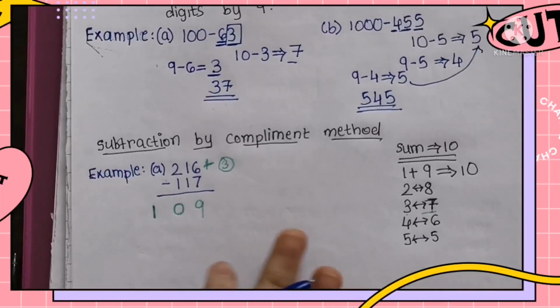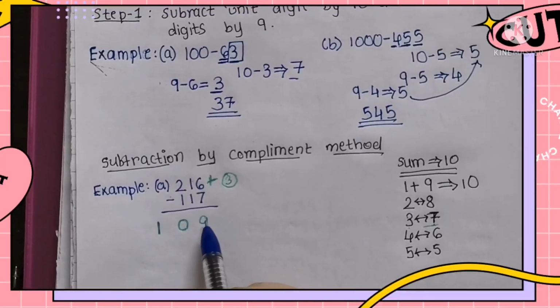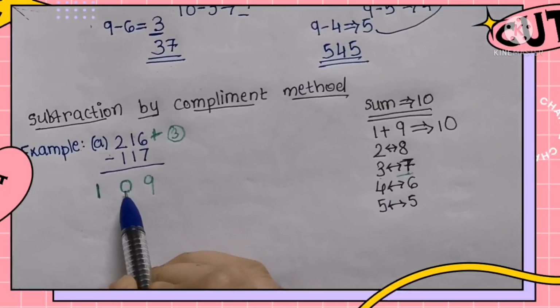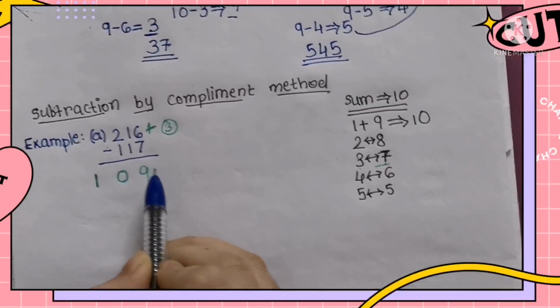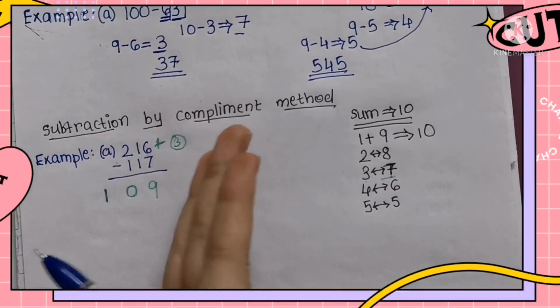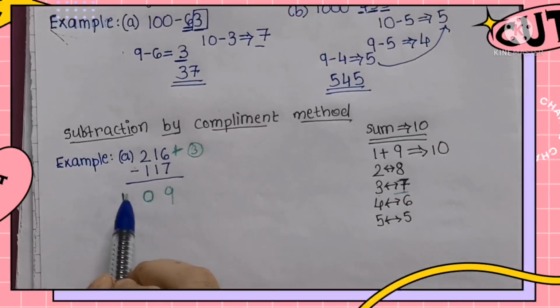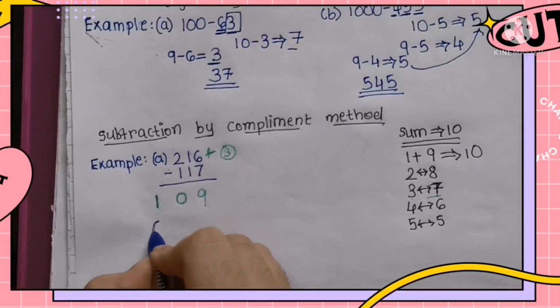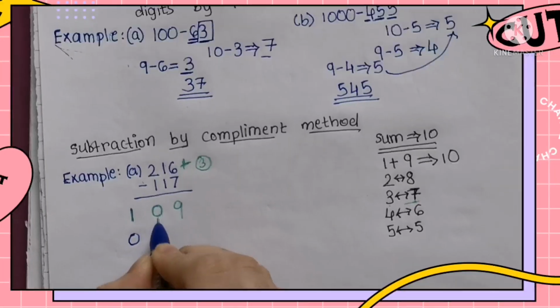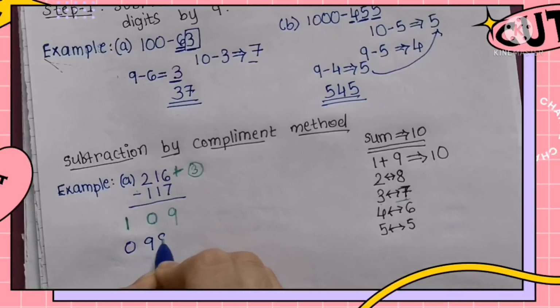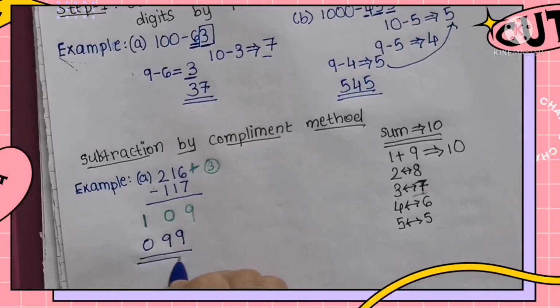Whenever we use the complement method, in the units digit we have taken a complement, so before that we have to reduce the previous digit. We cannot reduce 0, so we reduce the 1, and we get 0. The 9 we cannot reduce, so we put 9 and here 9. So our answer is 99.